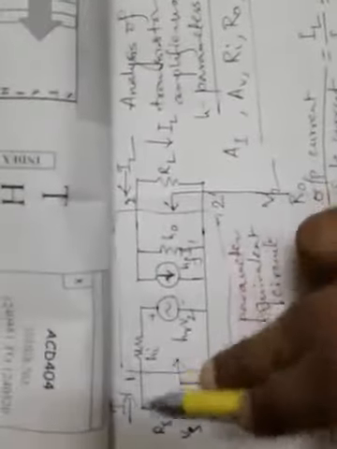Now from the input circuit, if you apply KVL at this part of the input circuit, what can we write? V1 can be written as HI I1, because I1 is flowing through HI, plus HR V2.